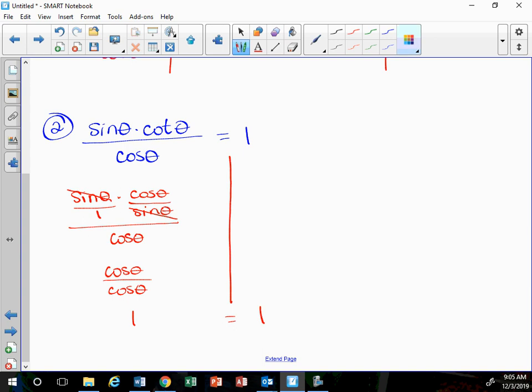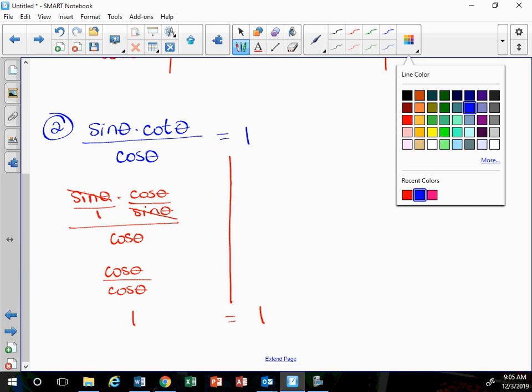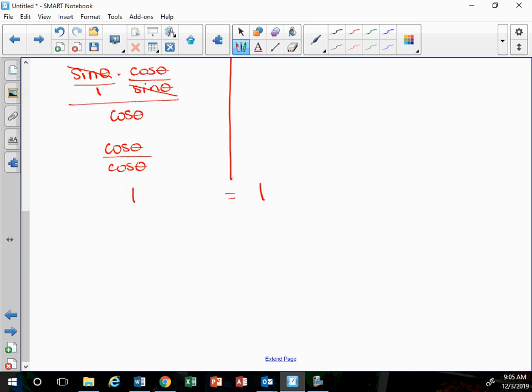All right, let's look again. Did we do okay on that one? Okay. Starting fairly simple. All right, let's do this one. Sine of theta times cosecant of theta equals cosine of theta times secant of theta.